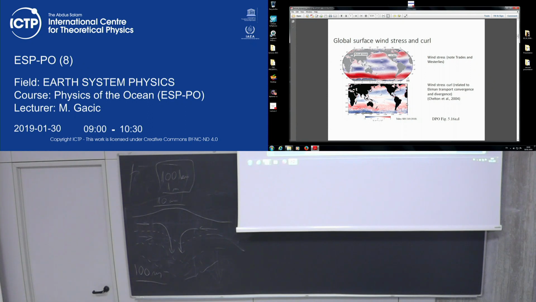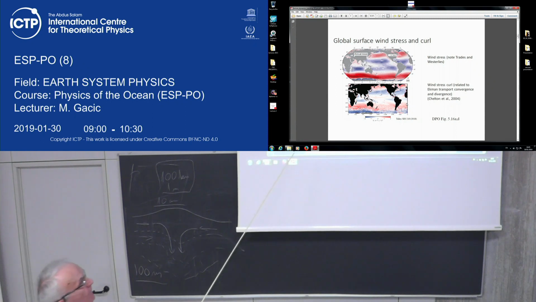Here you can see the negative wind stress curl in the subtropical areas. The wind stress curl is negative, and we have a positive wind stress curl in an area where we have the easterlies and westerlies one close to another.